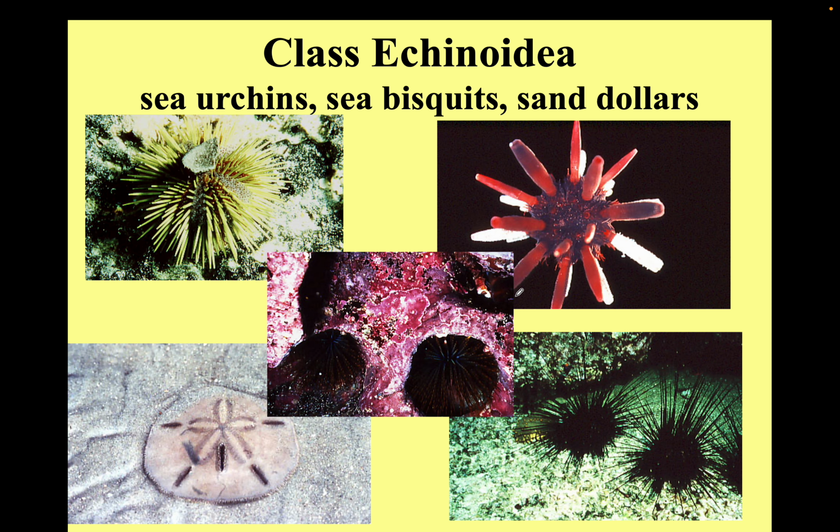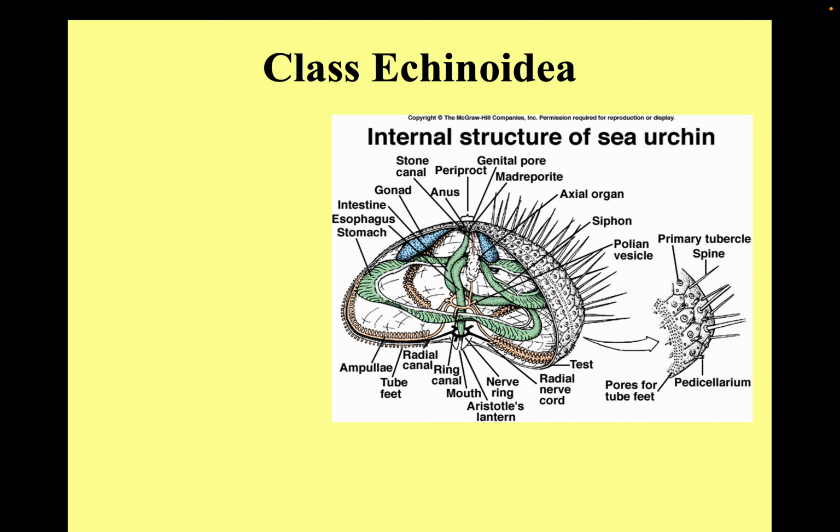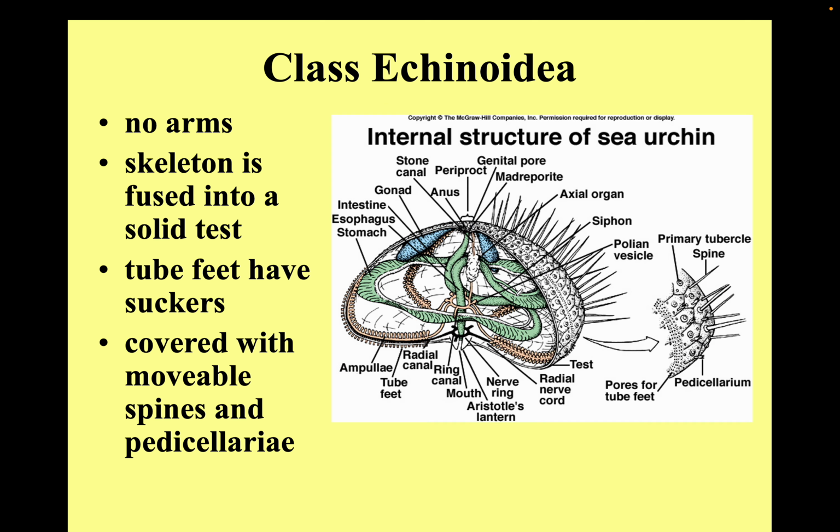Okay, so then we have class Echinoidea, sea urchins, the sea biscuits, and sand dollars, which are spherical or circular in appearance. So for Echinoidea, there are no characteristic arms, unlike Asteroidea or Ophiuroidea. The skeleton is fused into one solid mass, a solid test.